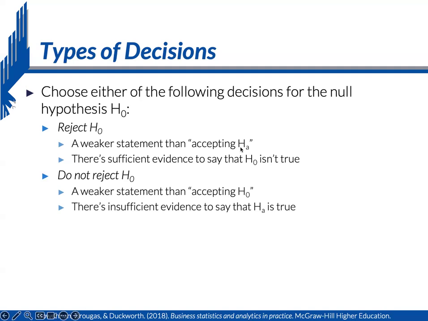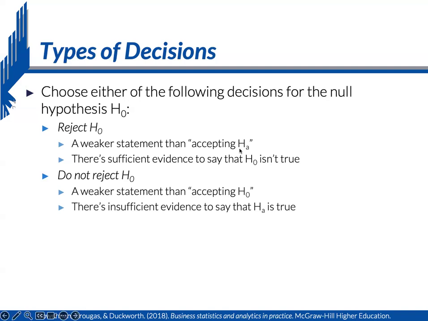It's just that based on our evaluation, we have enough evidence that supports the alternative hypothesis, but we are not 100% sure that it is correct. That's why we prefer to use the statement reject the null hypothesis. We're just saying that yes, we have evidence that supports the alternative hypothesis, but we are not 100% sure that the alternative hypothesis is correct. So for now, we will reject the null hypothesis and support the alternative hypothesis.